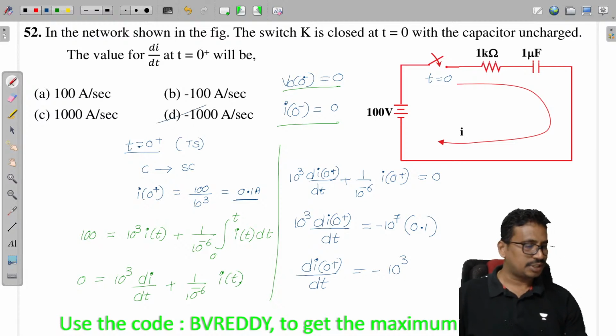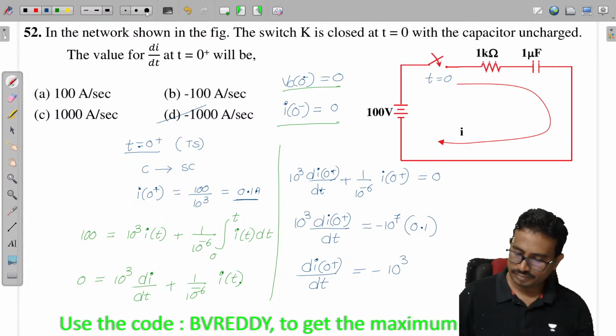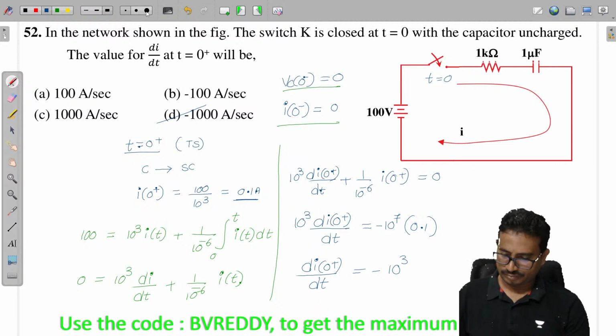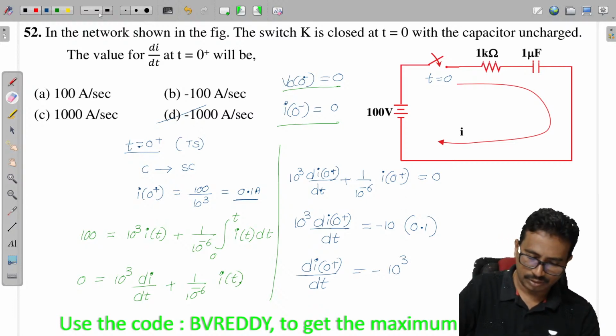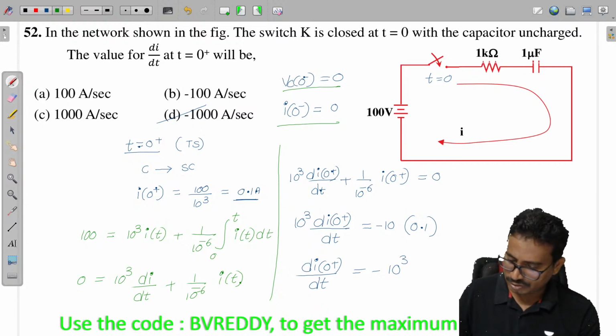So option D? Check, is it 10 cube or 10 square? The exponent is 6 only.